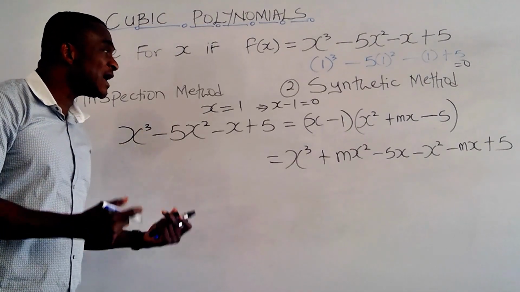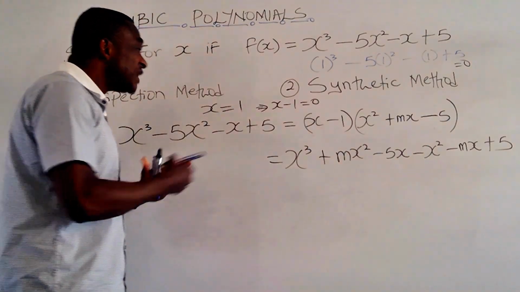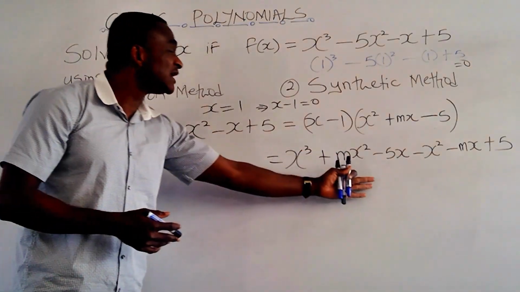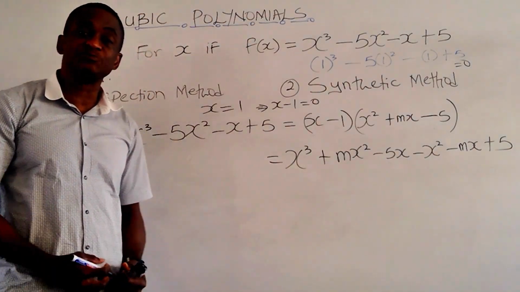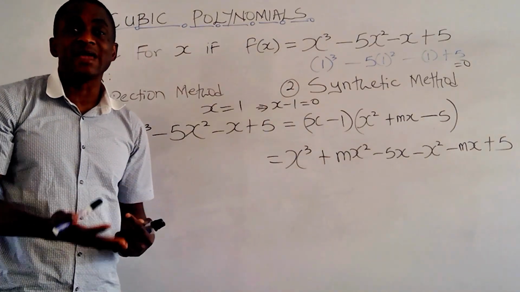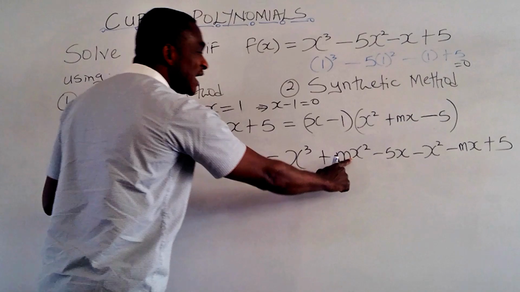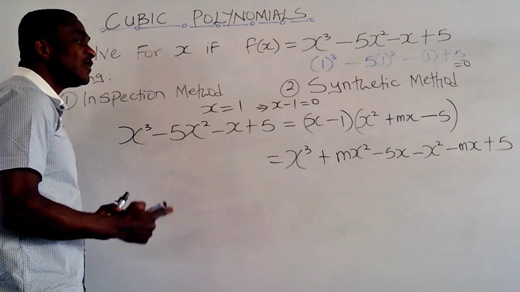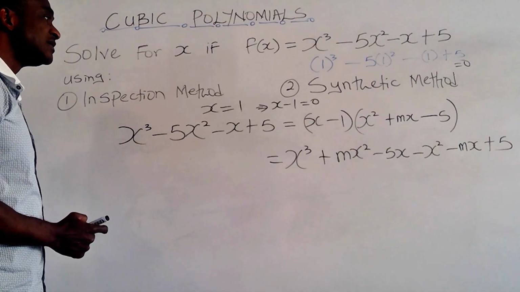Remember, why we are doing this is because we want to get the value of n. So what we do here is we check the ones that have x on both sides with the same degree of exponent and equate them together with an element of n in order to solve for n. So what do I do? I can choose nx squared or nx, whichever one is supposed to give me the answer.